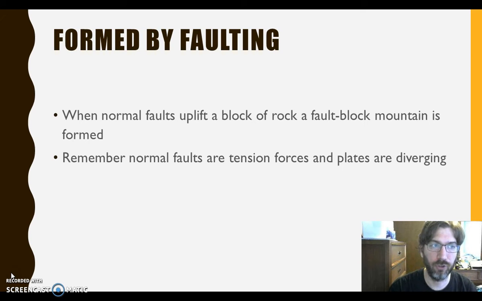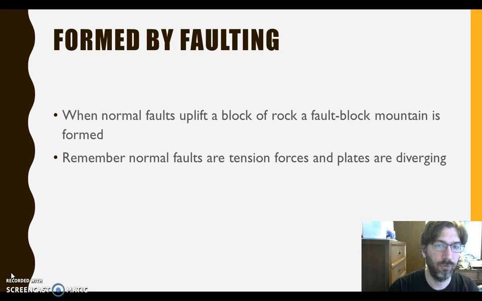So they are formed by faulting, so you will get mountain ranges along fault lines. If you ever look at a map and you find a mountain range somewhere, then at some point there was an active fault there. Basically, either it's going to be a normal fault or a reverse fault. Your transform boundaries don't necessarily produce mountains too well.